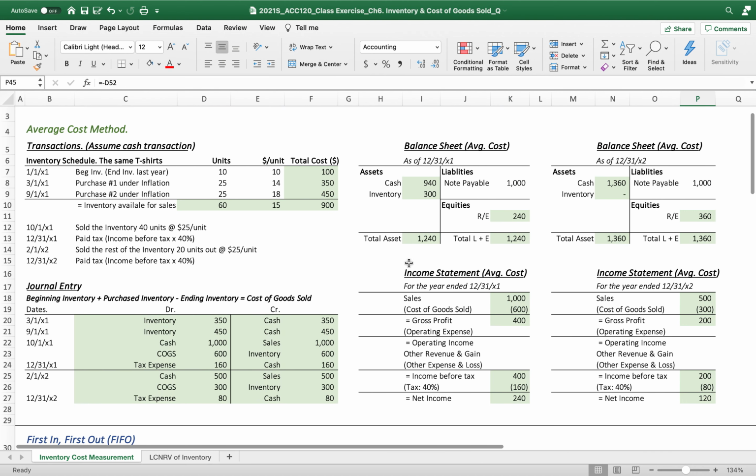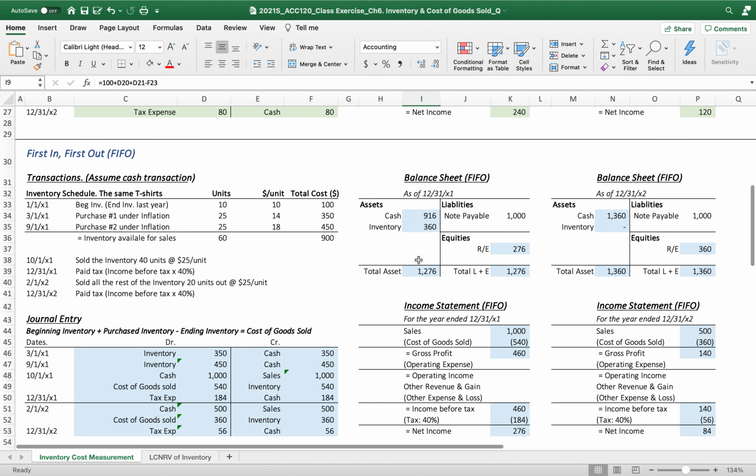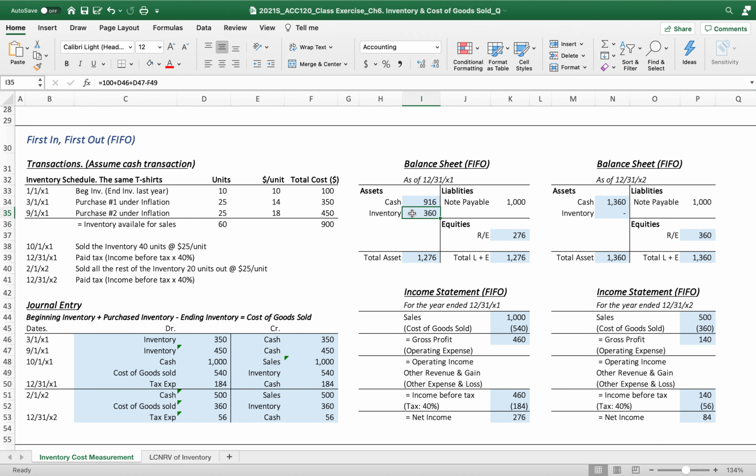In the average cost method, you see the ending inventory was 300, but here ending inventory is 360. Why is the ending inventory more expensive? Because we count the cheapest inventory sold out first, right? So the remaining inventory at the end of the first year is the expensive one, right? So that's why the inventory is more expensive at the end of the year.